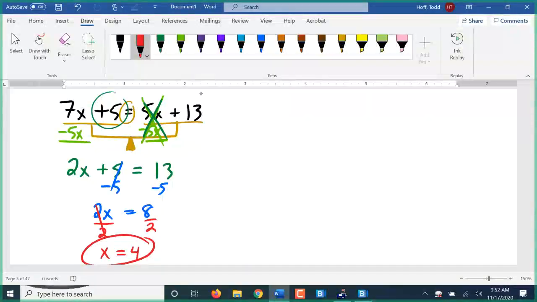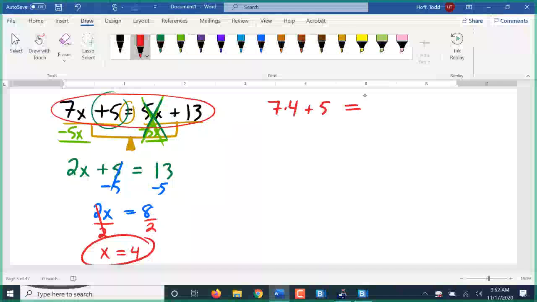Now we should go back and substitute in to make sure that x equals 4 gives us the same value on each side. So on the left side, 7x plus 5 becomes 7 times 4 plus 5 equals. On the right side, 5x plus 13 becomes 5 times 4 plus 13. And now we have to do order of operations on both sides.